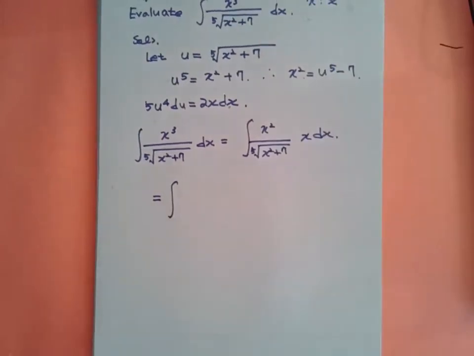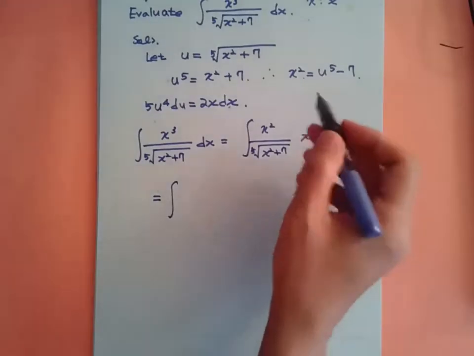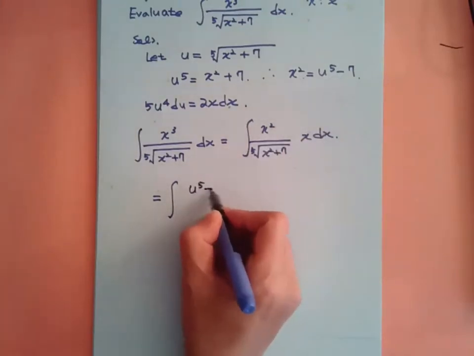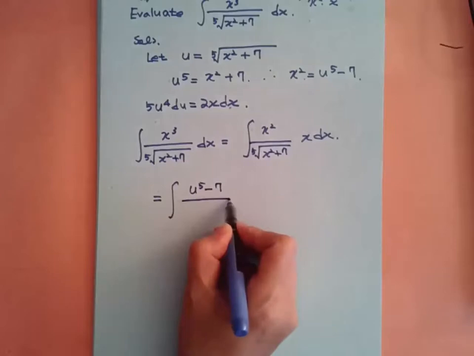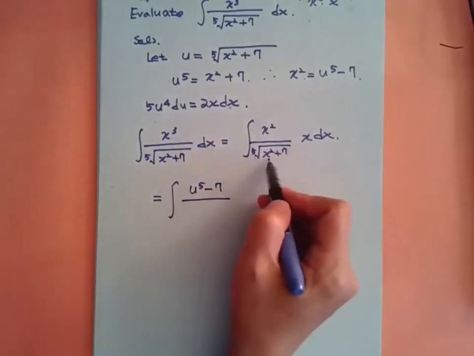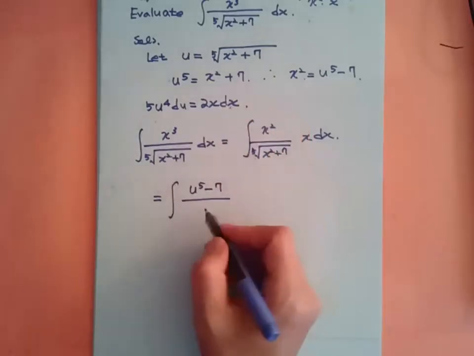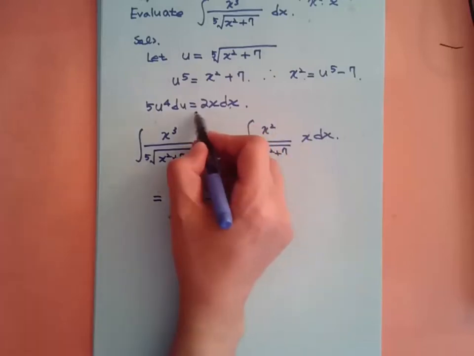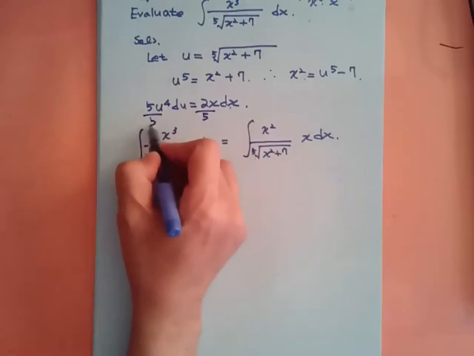And then it'll convert the given form into a rational function. So x squared is u to the 5th power minus 7 over, we put 5th root of x squared plus 7 as u. So over u, x dx.